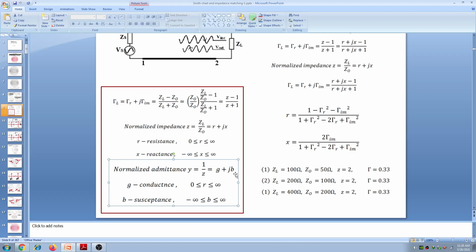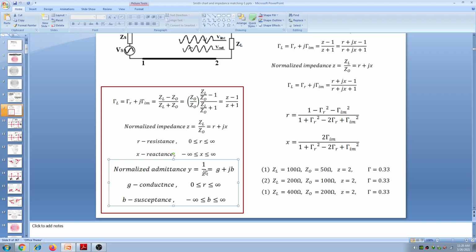We find applications wherever a parallel combination of impedances is there. Addition of admittances is easy instead of doing a parallel of impedances. To find the total impedance of a parallel combination, if you go with the admittance, we can easily add them instead of doing that parallel combination. So that's why admittance is also very important here. 1 over z gives the admittance, g plus jb.